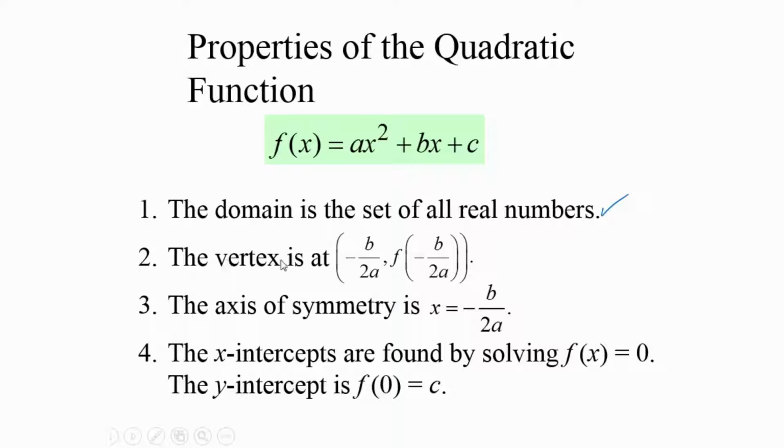The second, the vertex is at minus b divided by 2a. That's the x value. And the y value would be f of minus b divided by 2a. Now, where this minus b divided by 2a comes from, if you recall, when you set this equal to 0, x would be equal to minus b plus or minus the square root of b squared minus 4ac, divided by 2a.